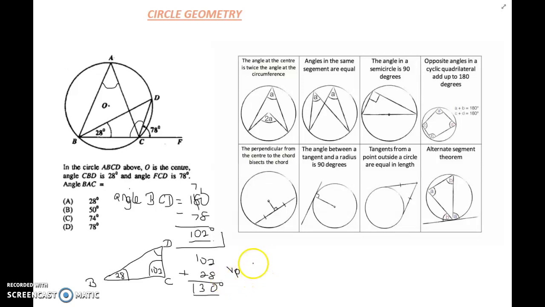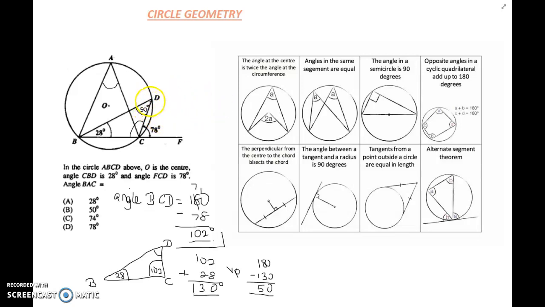Now let's find the missing angle, 180 take away 130, 0 take away 0 is 0, 8 take away 3 is 5, right? Great. So now, this angle at the top here is 50 degrees.